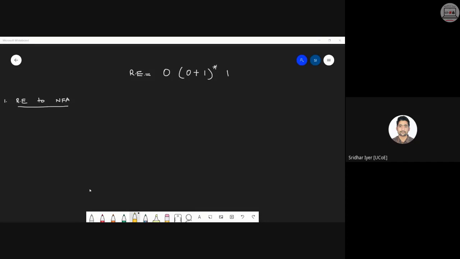Side by side, let me start drawing it, otherwise it will take some time. 0 plus 1 closure. So if I draw it like this, 0 plus 1 closure. Now you all know how to draw such diagrams. This is 0, this is 1, epsilon part over here.